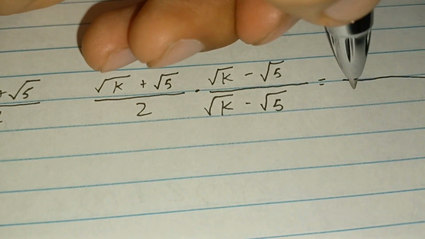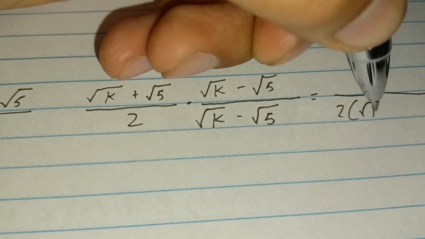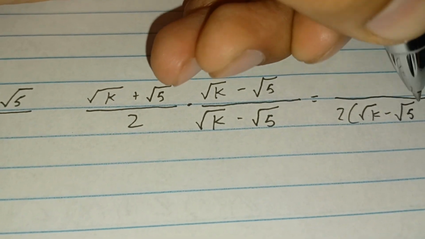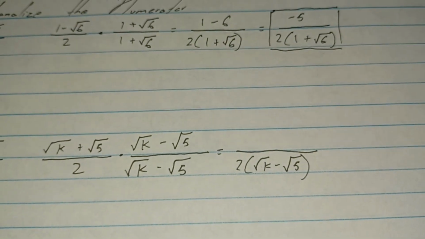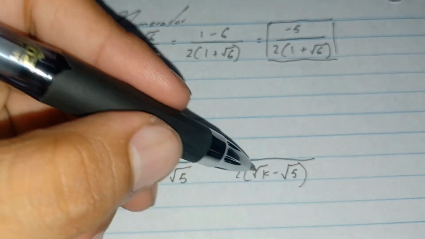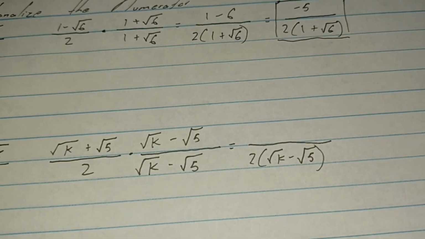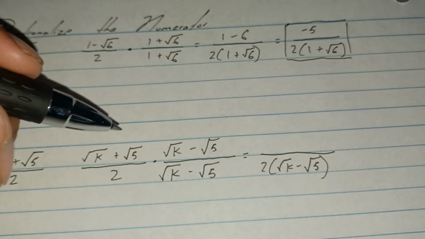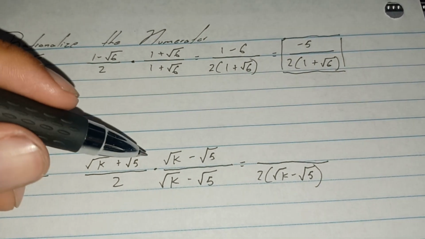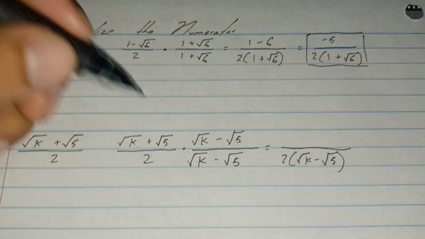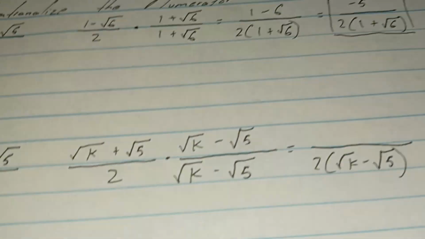This is obviously going to be 2 times the square root of k minus the square root of 5. That looks horrible, but you get the idea. You can distribute it if you want, but we're not going to do it for this example. So the square root of k times the square root of k is obviously just going to be k, because the square roots cancel each other out.